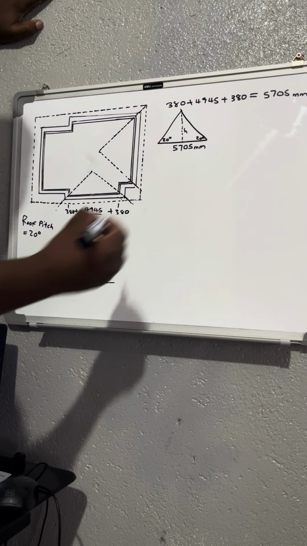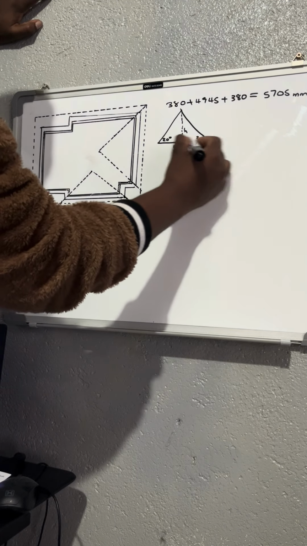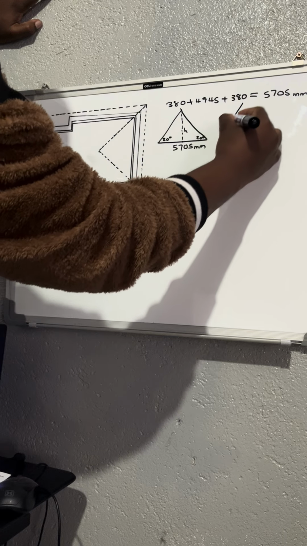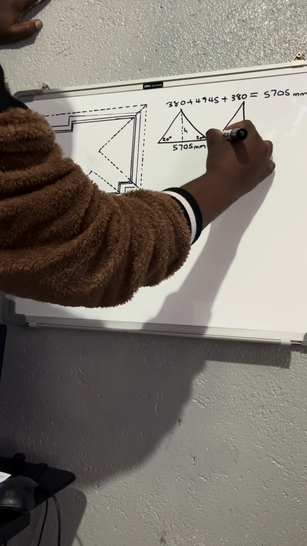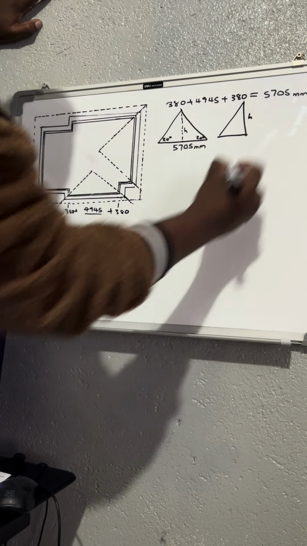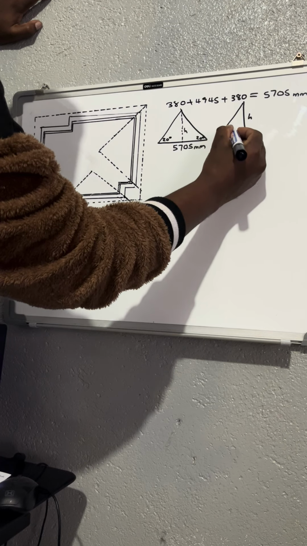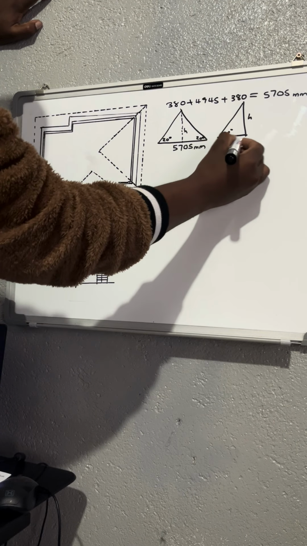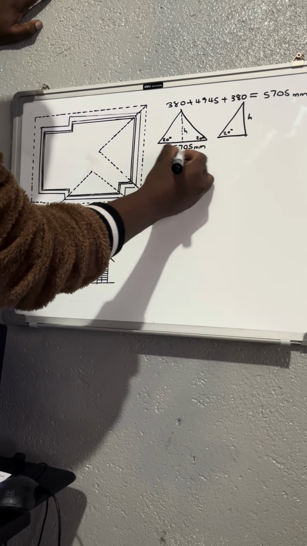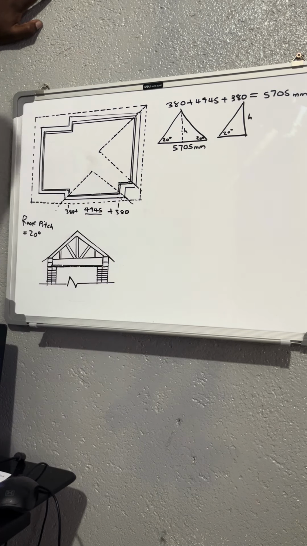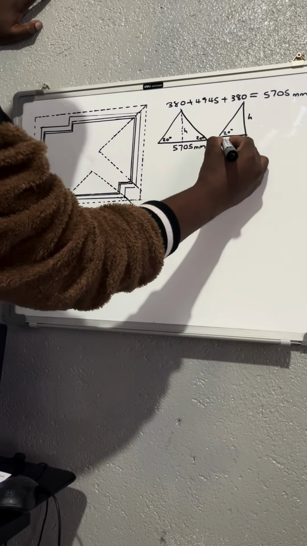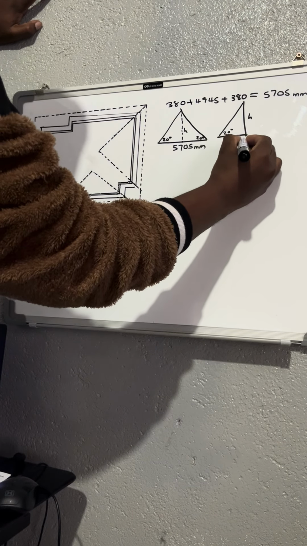Since we have 5705, if we take one half of this, we have something that looks like this, because now we have to work out this edge. Here we still have that 20 degrees, but now what will this be? It will be half of 5705, which is going to give you 2853 millimeter.